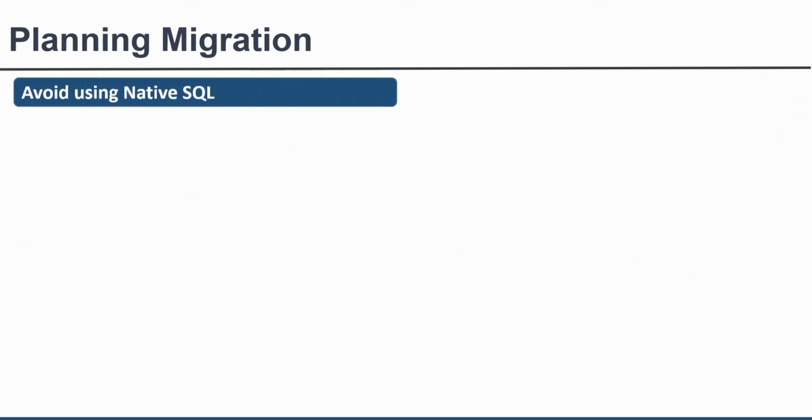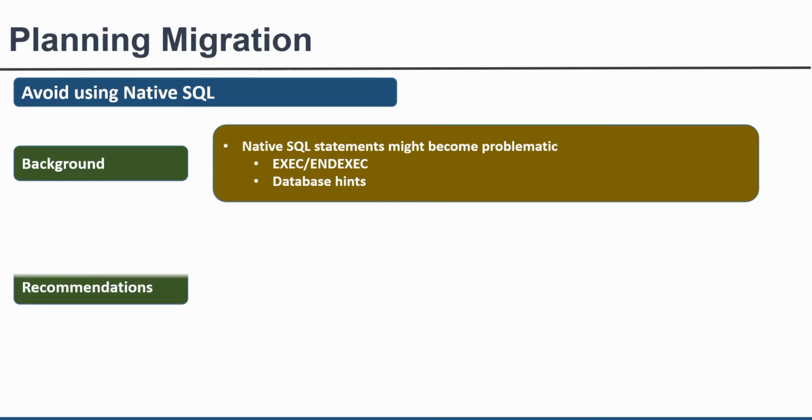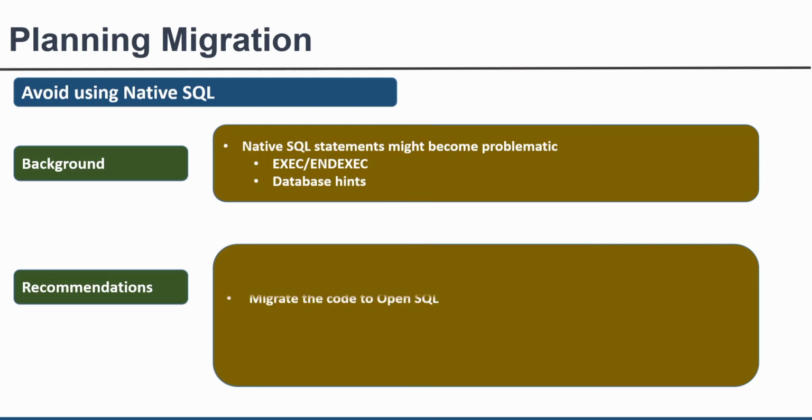Now we can again see some background of using native SQL and also what is recommended when on HANA database. Here is the background. Native SQL statements for any database might become problematic after migration to HANA database. For example, statements like exec, end execute, db hints. Now what is recommended? The best solution would be to migrate the code to OpenSQL.